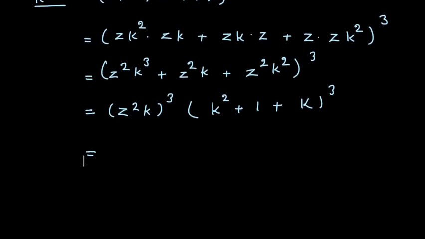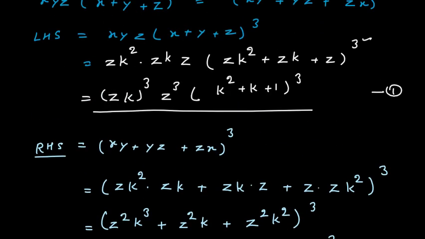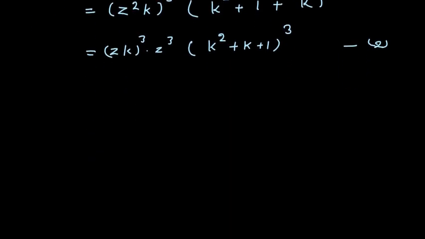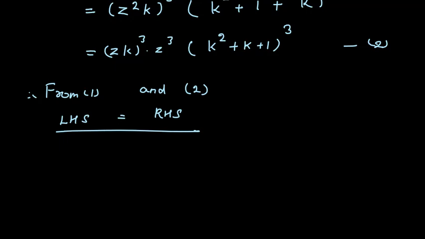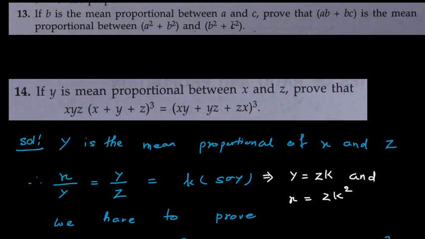So you can write this as (zk) the whole cube into z cube, and here it is (k square plus k plus 1) the whole cube. This is second. From 1 and 2 we got the same expression, therefore LHS equals RHS. Hence proved. Done.